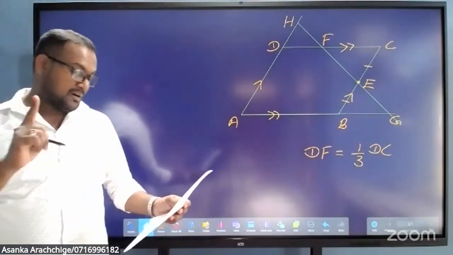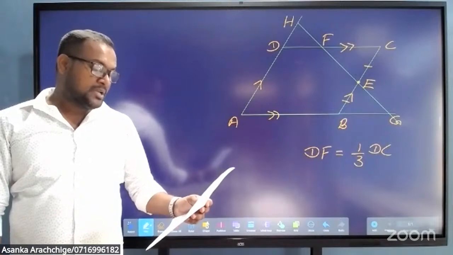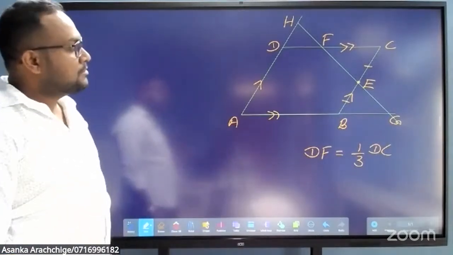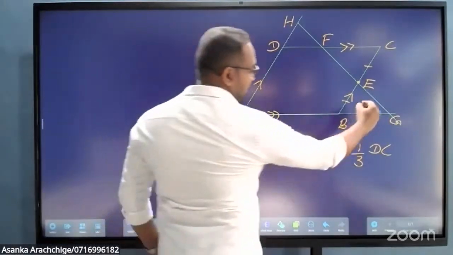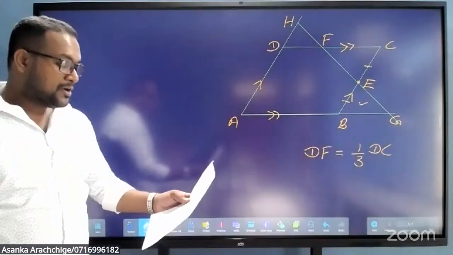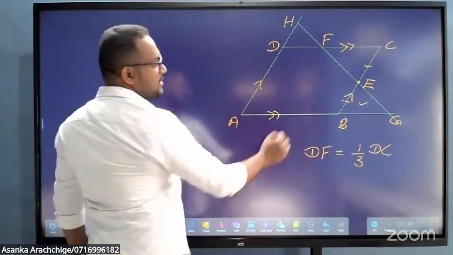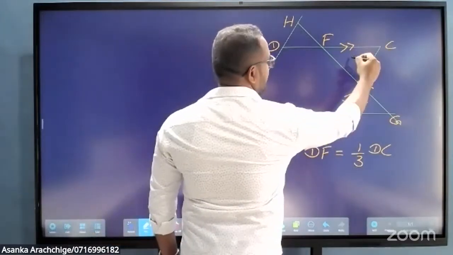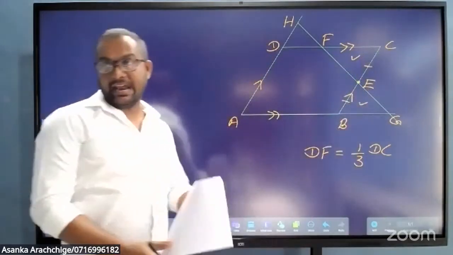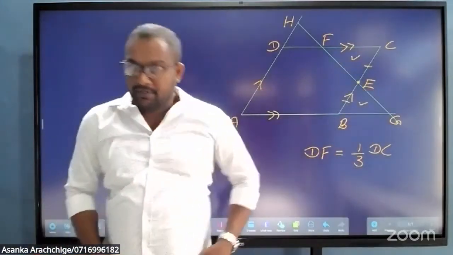Show that triangle BGE is congruent to the triangle CFE. We have to prove that these two triangles are congruent.